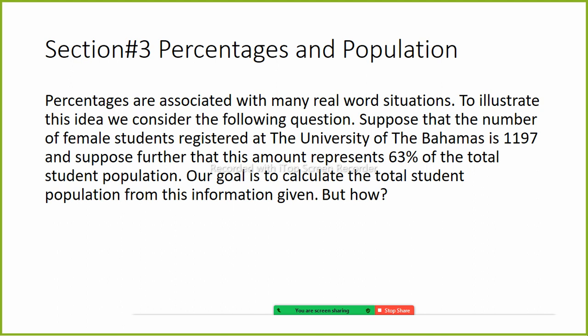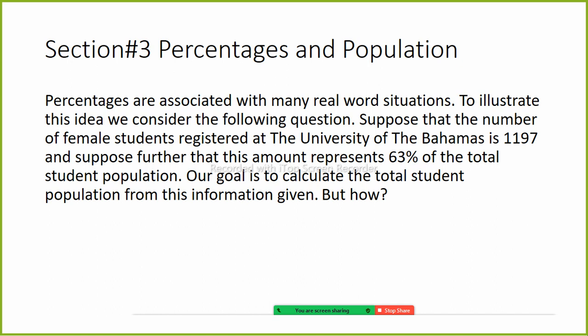Suppose that the number of female students registered at the University of the Bahamas is 1,197, and suppose further that this amount represents 63% of the total student population. Our goal is to calculate the total student population from this information given. Yeah, but how?